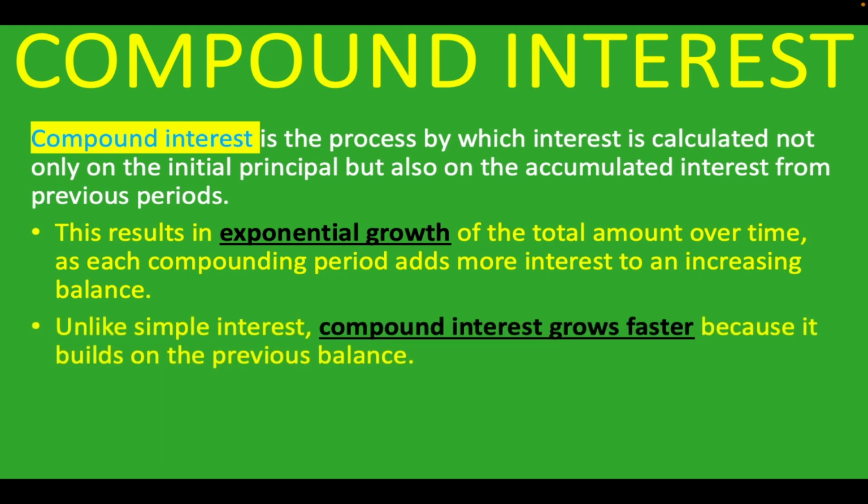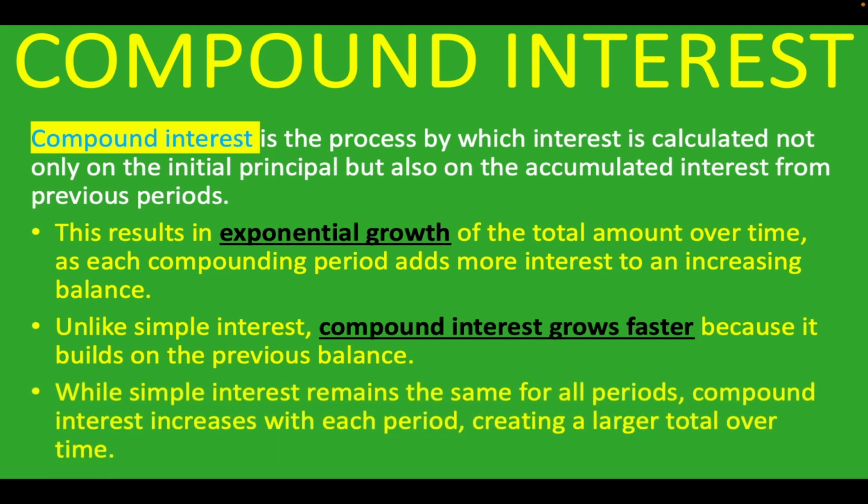Unlike simple interest, compound interest grows faster because it builds on the previous balance. As I mentioned, simple interest only calculates on the initial amount. If it's an investment, on the initial amount that was invested. If it's a loan, on the initial loan that was taken out. So it doesn't take into account any interest that has been earned or incurred in the subsequent periods. If you checked out our lesson on simple interest, you would understand this.